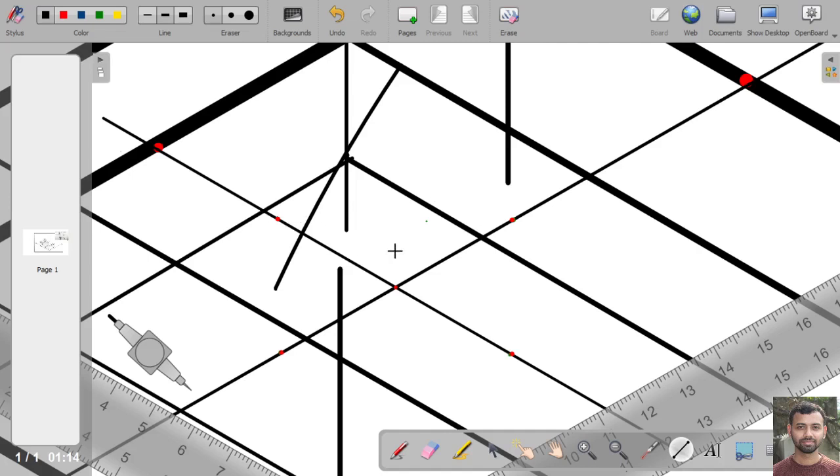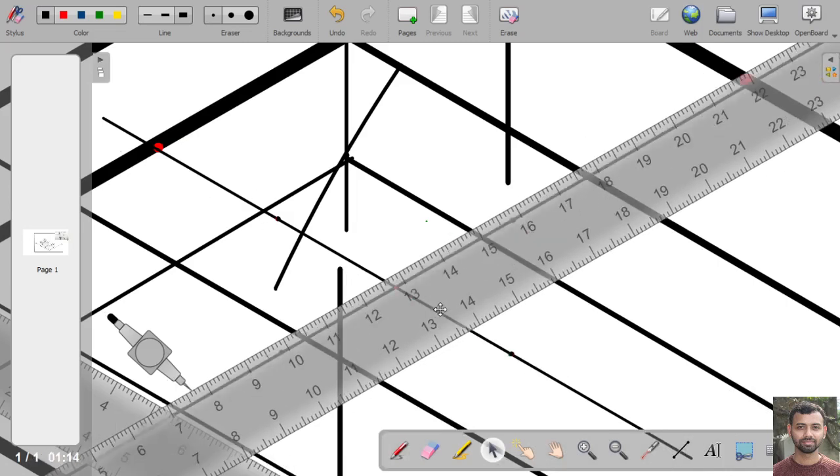So these distances will get increased. Okay. So these dimensions will get changed.